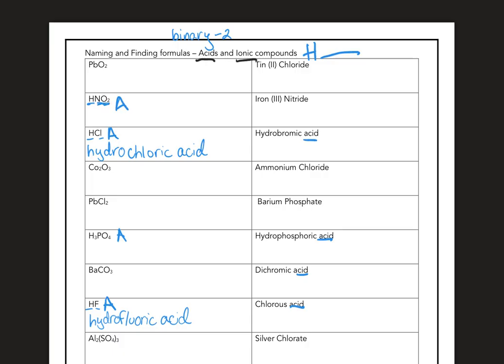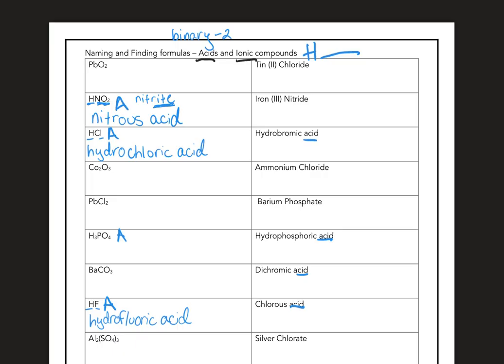And you're going to look for the polyatomic ion NO2. Now, you're going to find that that is nitrite, okay? And it ends in ite. So writing the name as an acid, ite becomes ous. So it will be nitrous acid. Okay.